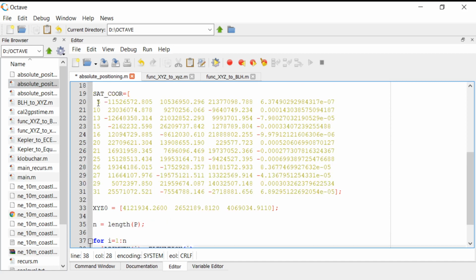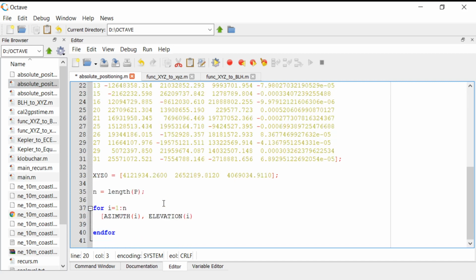The first item will be the satellite with number 5, and the coordinates will be acquired from this sat core matrix or vector. Then some computations will be carried out there.